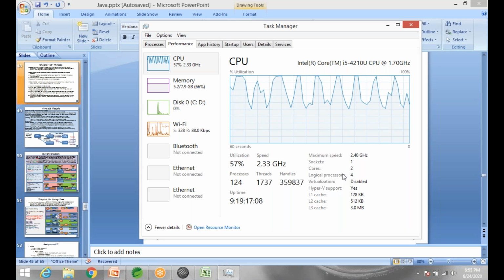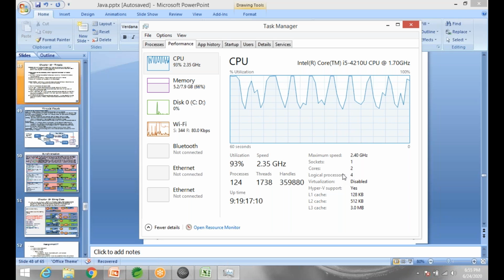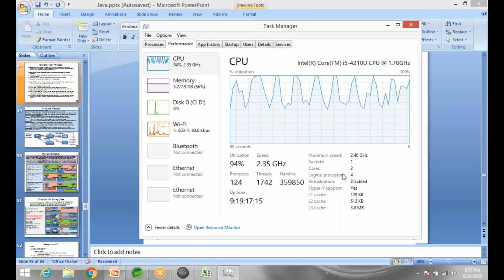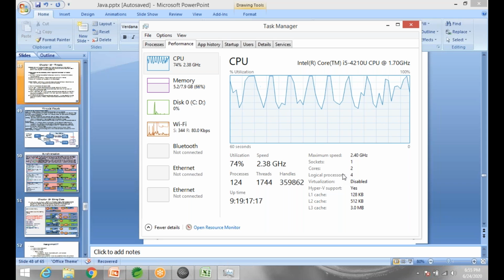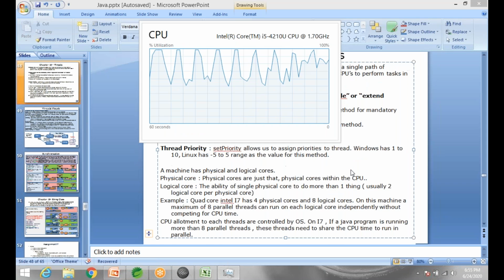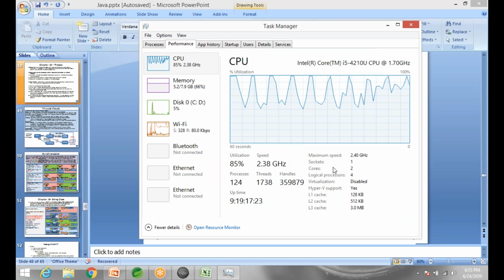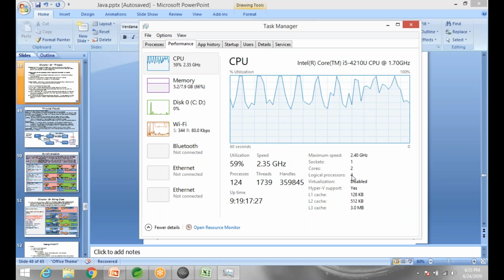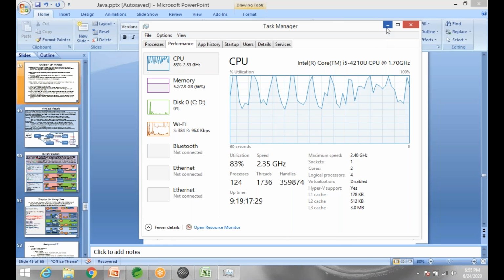Every laptop when you buy, you'll hear these terms. What they are telling you is how many CPUs you have in your laptop. I actually have dual core, but they have logically split that into 2 more. So in total, I have 4 CPUs.